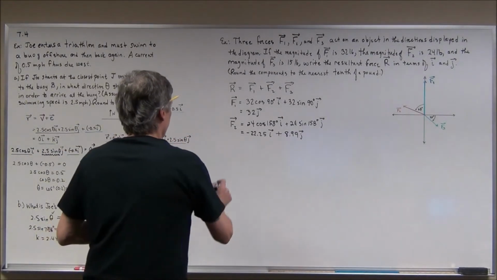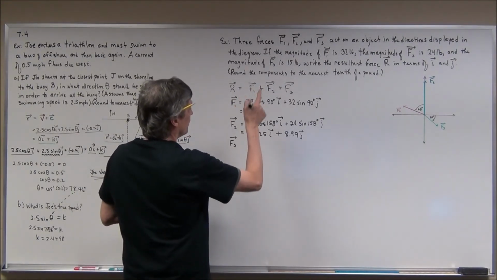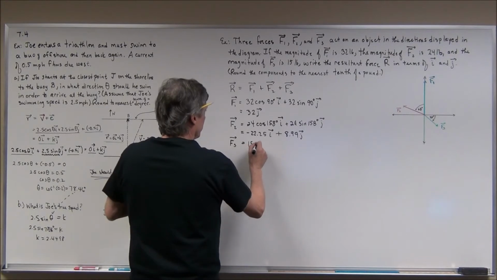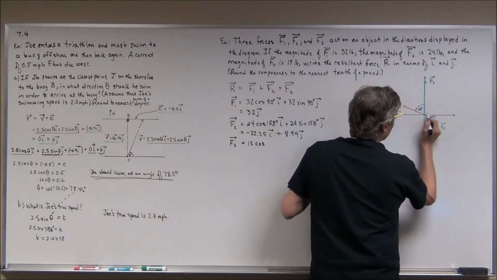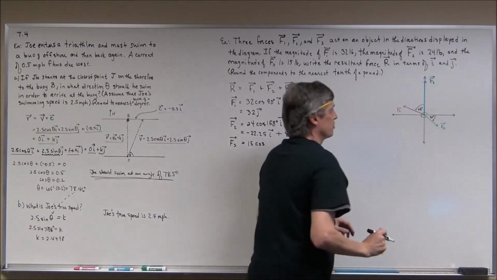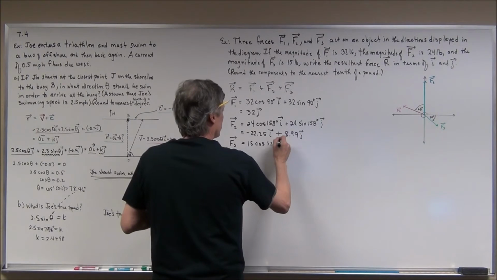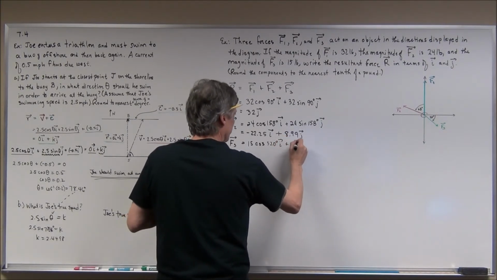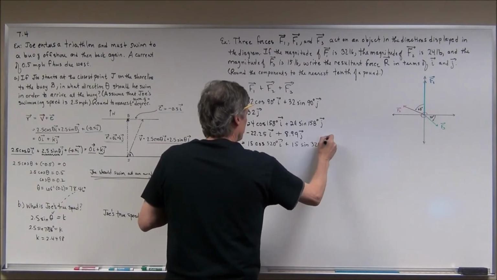So now I've got to find vector F sub 3. Its magnitude is 15, and its angle here would be all of this to here. So that's 320 degrees, so that's 15 cosine of 320 degrees times vector i plus 15 sine of 320 degrees times vector j.